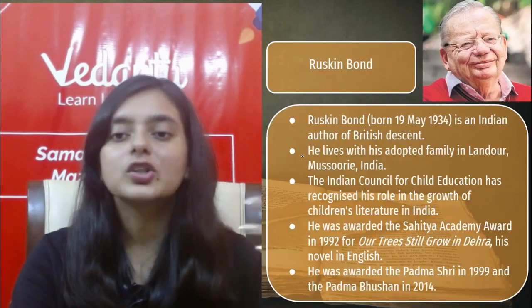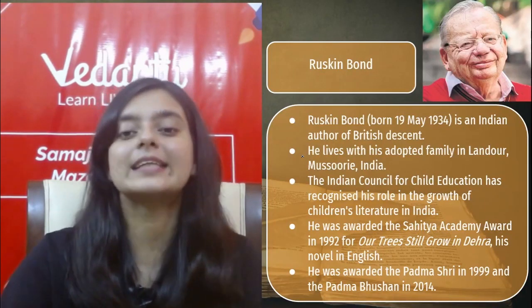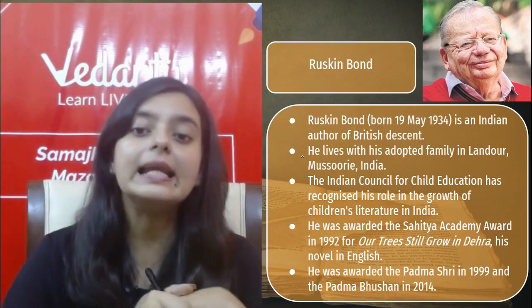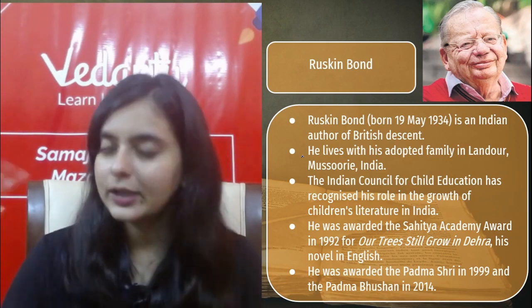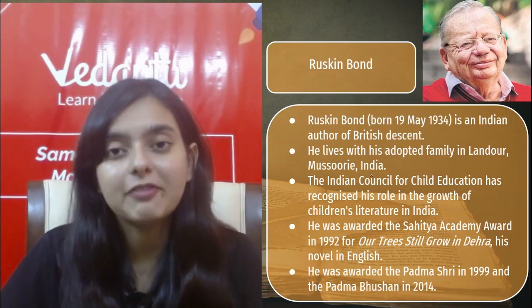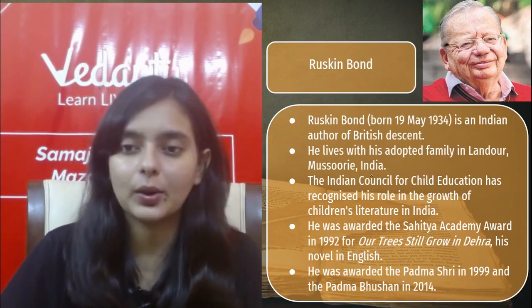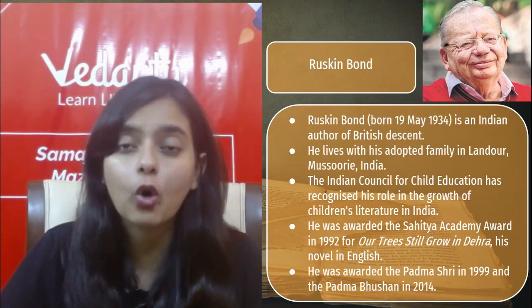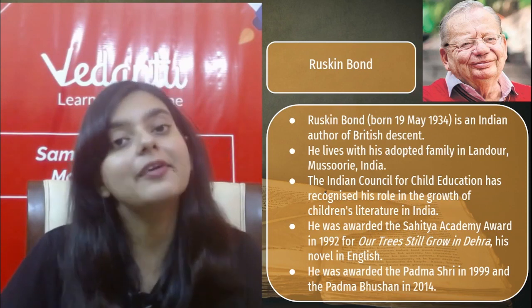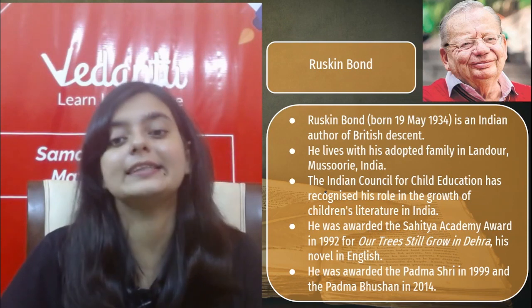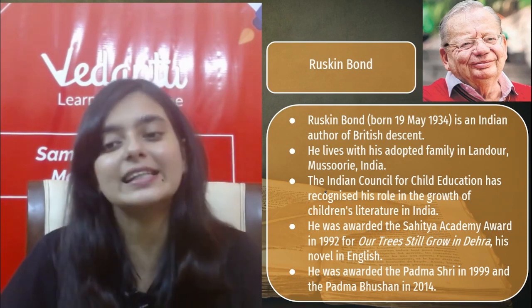Ruskin Bond, you all know that he is an Indian author, but his descent is British, and he lives in Mussoorie. He is especially famous for children's stories. The Indian Council for Child Education has recognized his role in the growth of children's literature. He was also awarded the Sahitya Akademi Award for his novel Our Trees Still Grow in Dehra. If you get time, go ahead and read this story.